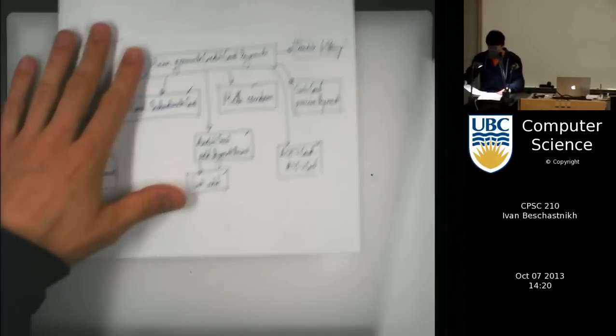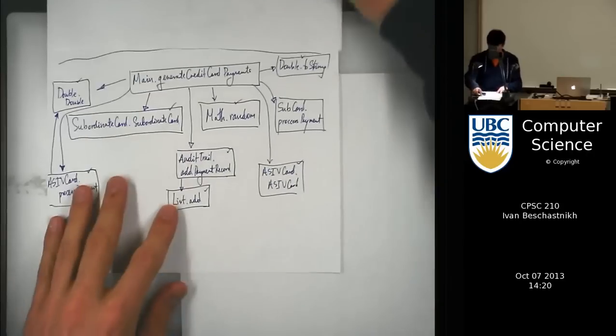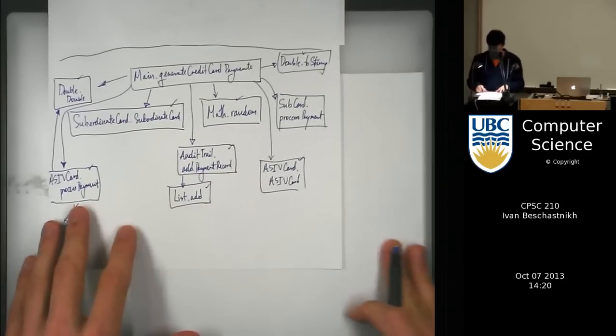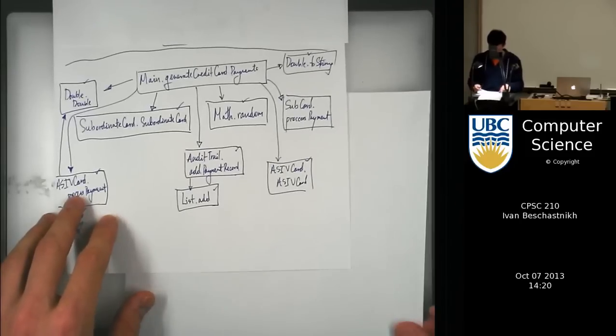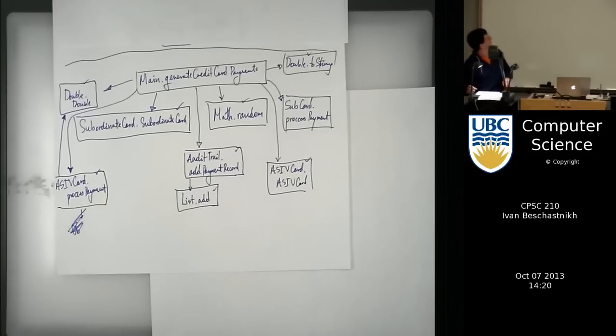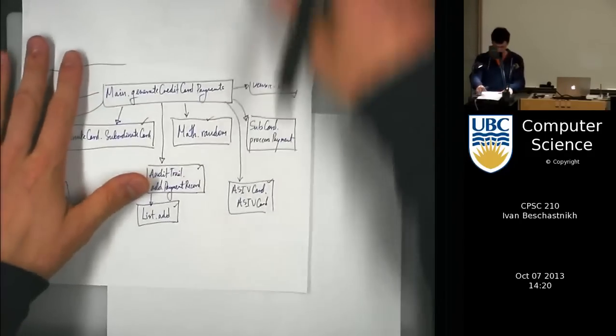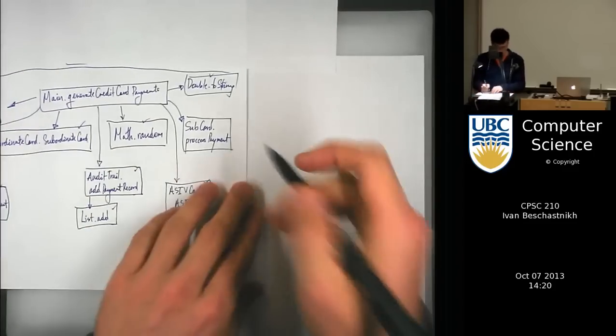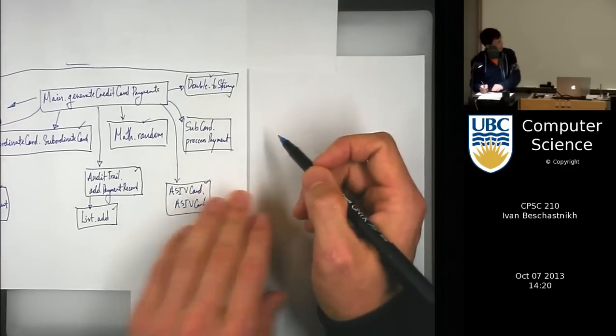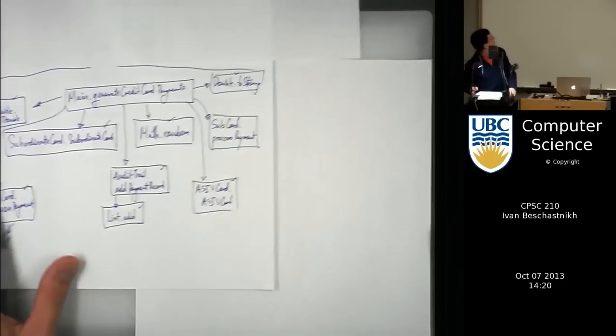Okay, so what do we have here? So prime process payment is going to generate three things. You can still see that, sort of.